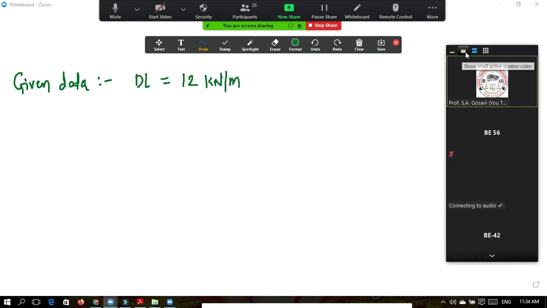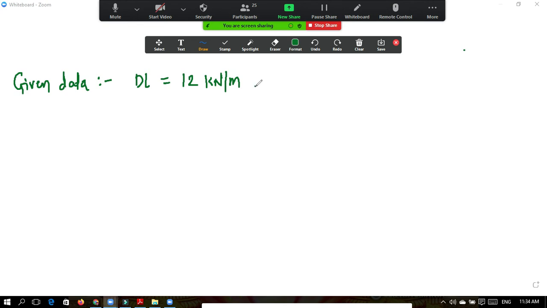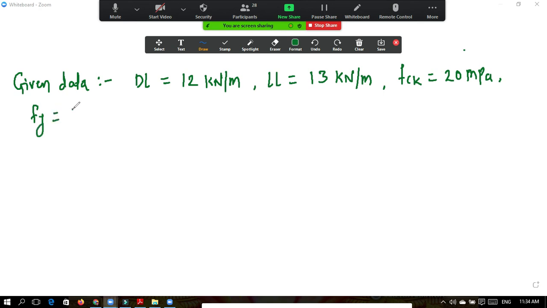Then they give the live load. Live load is 13 kilonewton per meter. Then fck is 20 MPa. Then fy is 415 Newton per mm square.